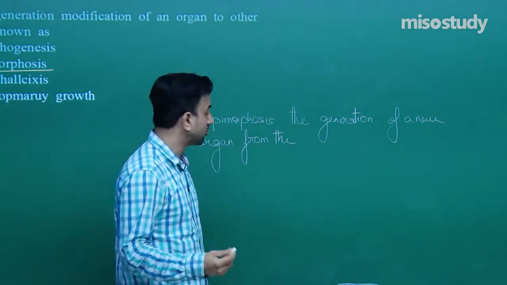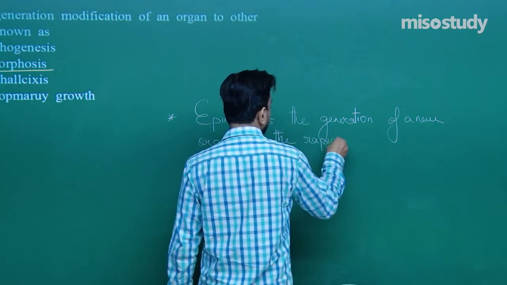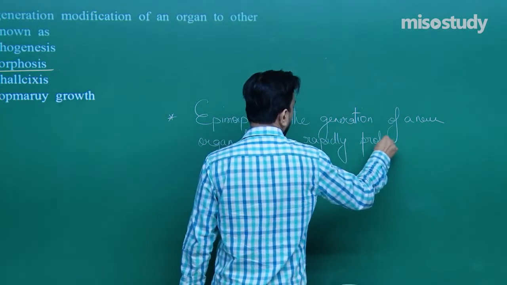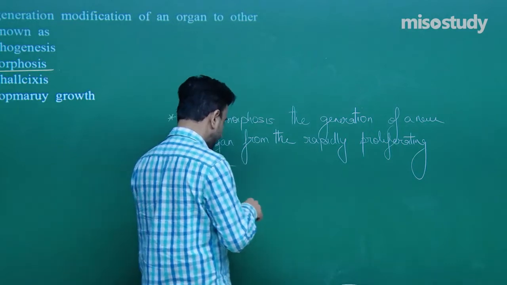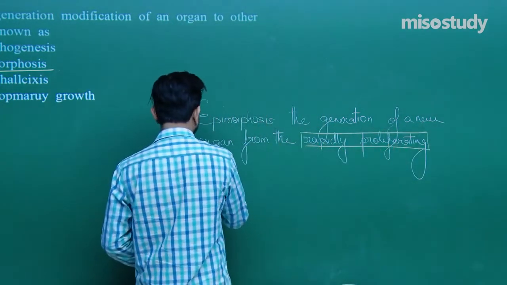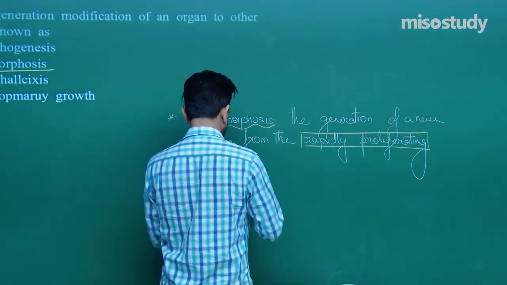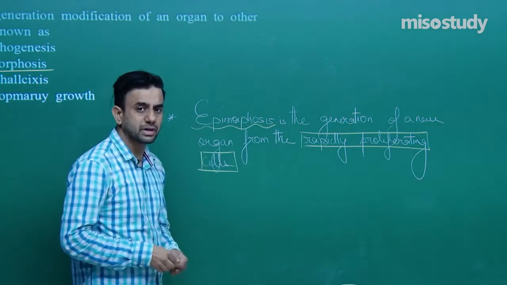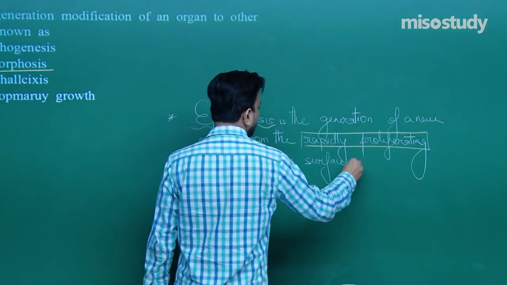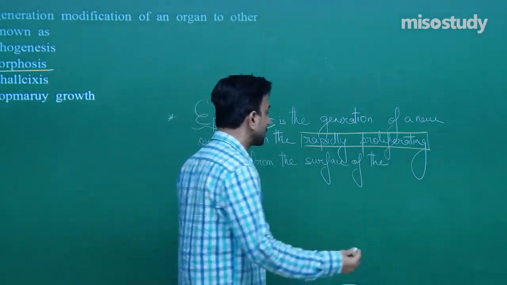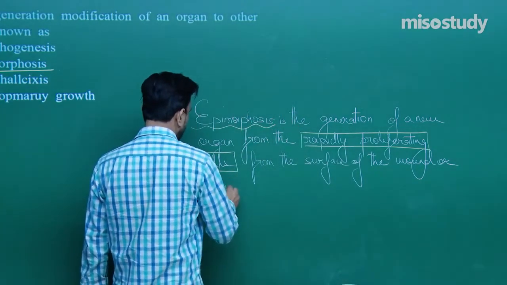Epimorphosis is the generation of a new organ from the rapidly proliferating cells, from the surface of the wound or the injured surface.